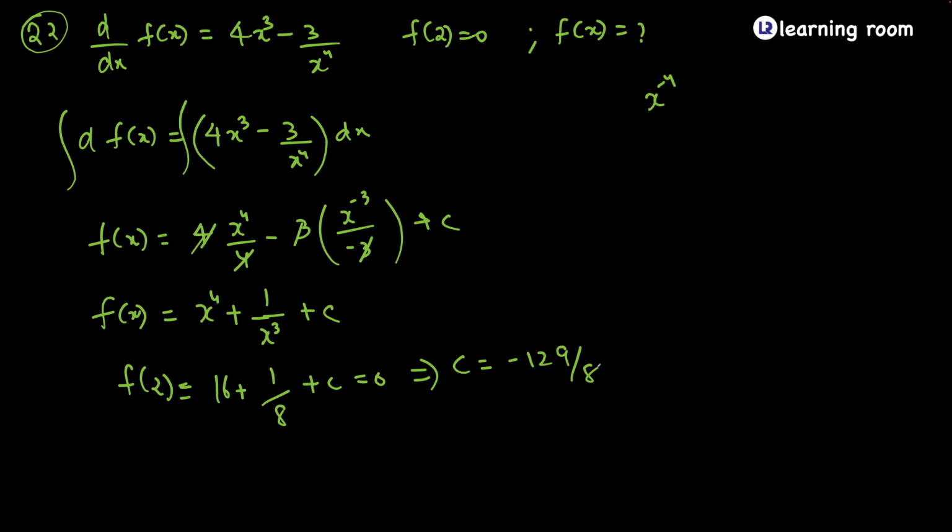Take this and substitute it here. So the answer should be x power 4 plus 1 by x cube minus 129 divided by 8. Option A, no? So option A should be the right answer.